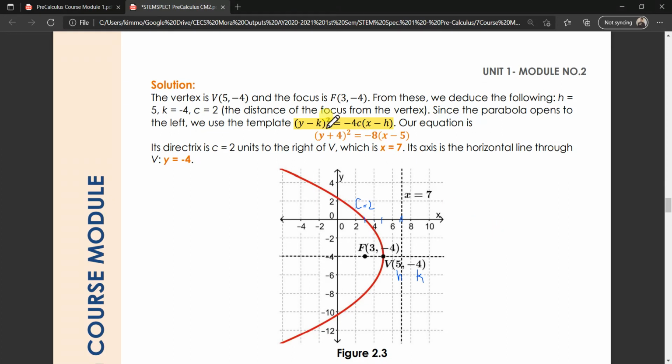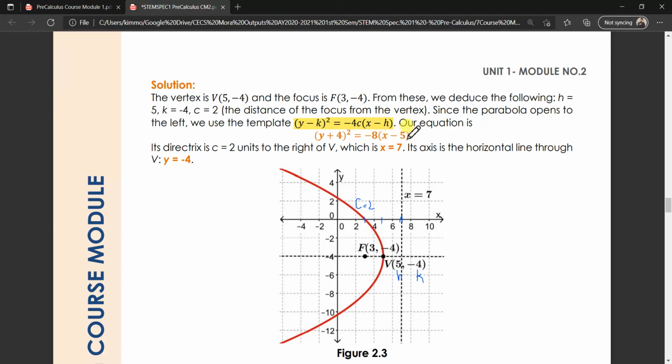Since we have identified the missing parts, the last step is to substitute them. Again, we have y minus k. The value of our k is negative 4, so that becomes positive because negative times negative is positive. So y plus 4 squared is equal to negative 4 times our c, which is 2. 4 times 2 is 8, that's why we have 8 here.